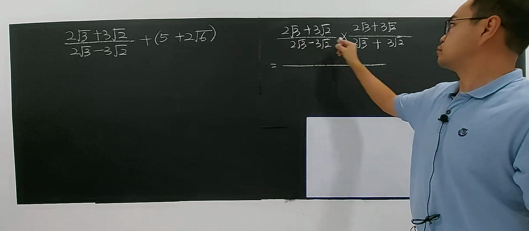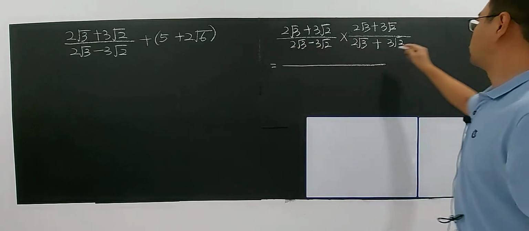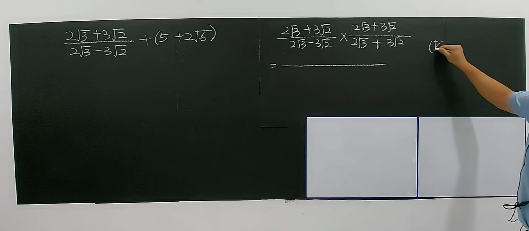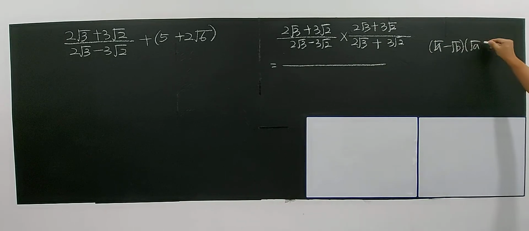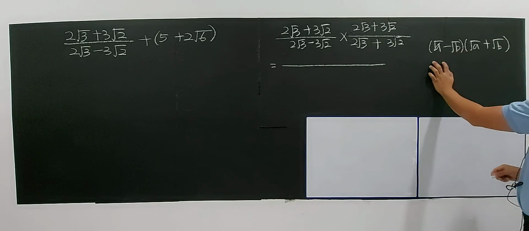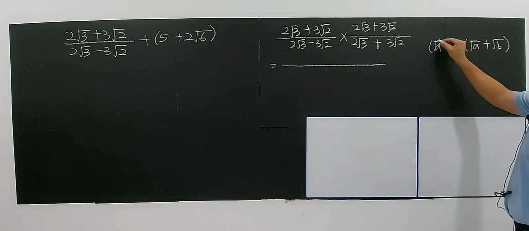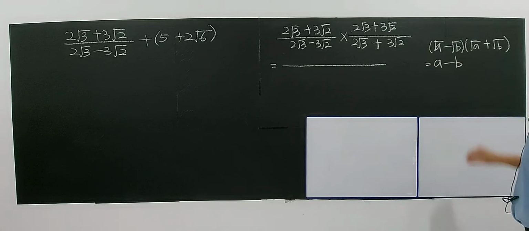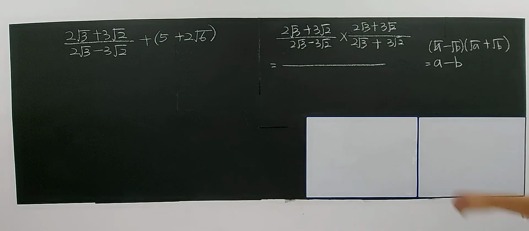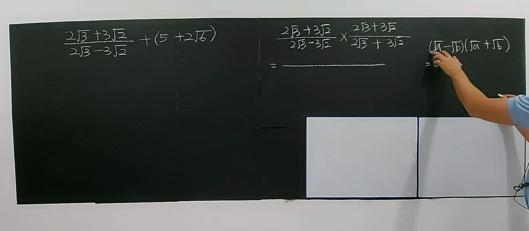If you have two surds, square root of a minus square root of b, multiplied with square root of a plus square root of b, then you will get the value of a minus b. Very simple. You can try to expand.